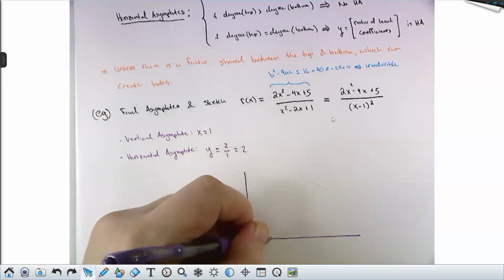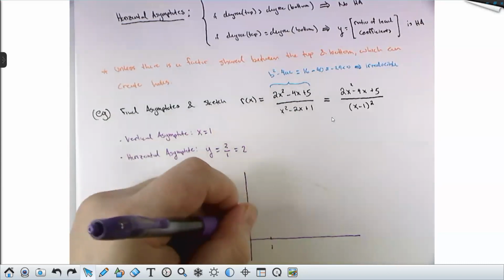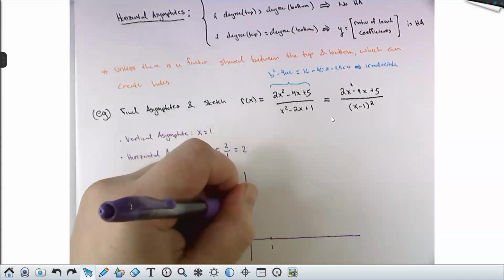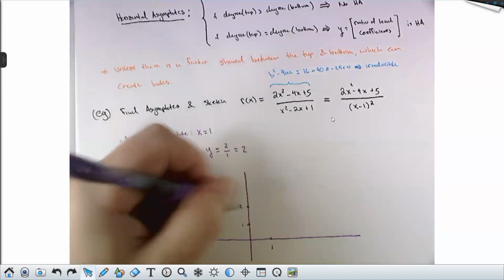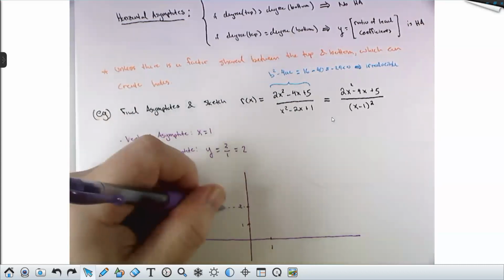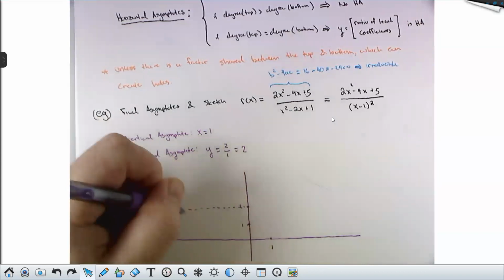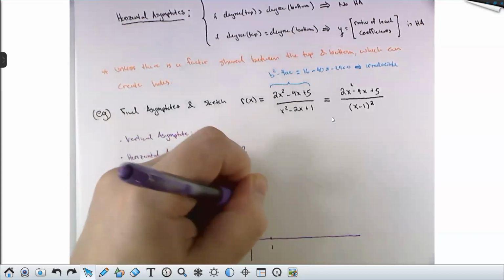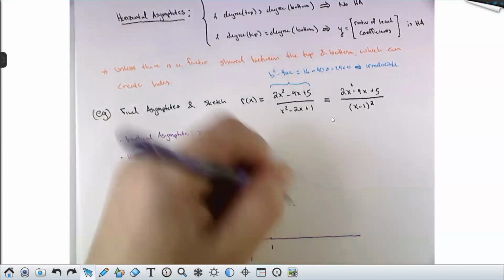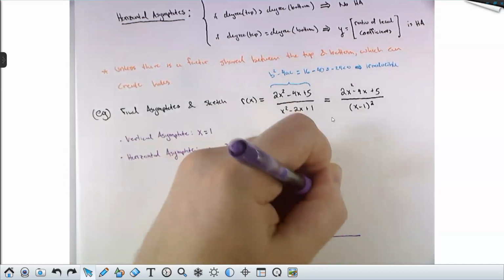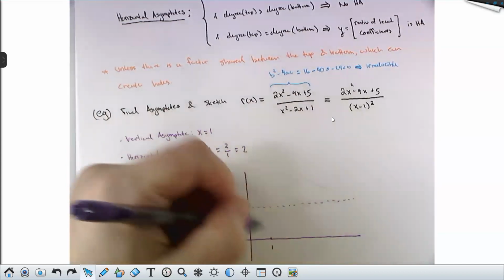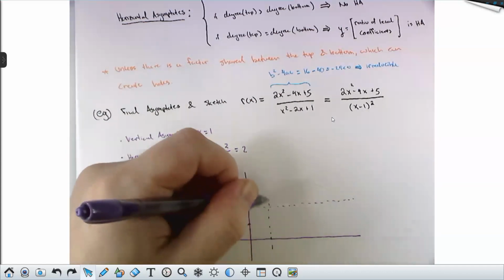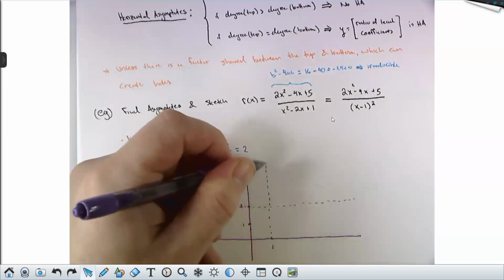I'll mark this as 1. And this as 2. So here's my horizontal asymptote. And here's my vertical asymptote.